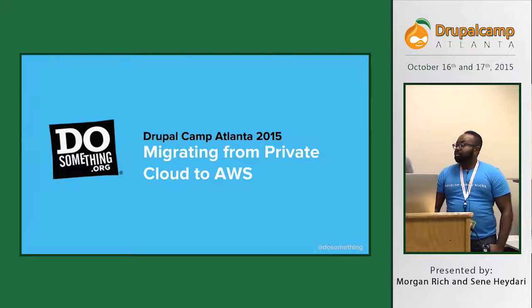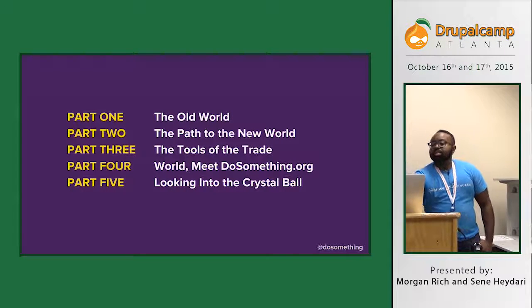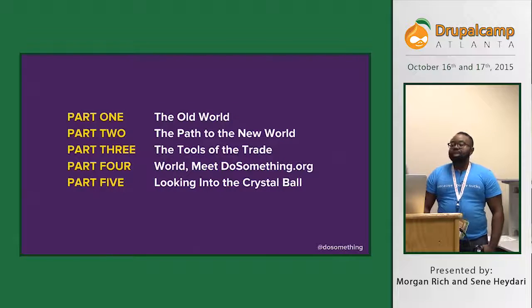So, let's start out. We've got a few sections that we're going to go through. First, we're going to talk about the old world, which is our previous cloud. Then we're going to talk about the path to the new world, which is migration.